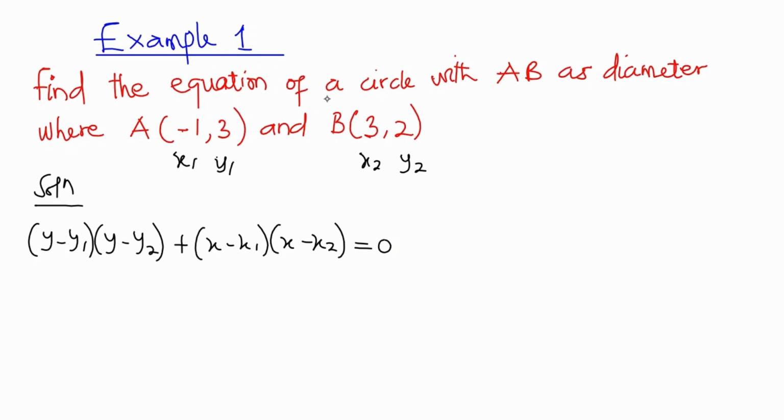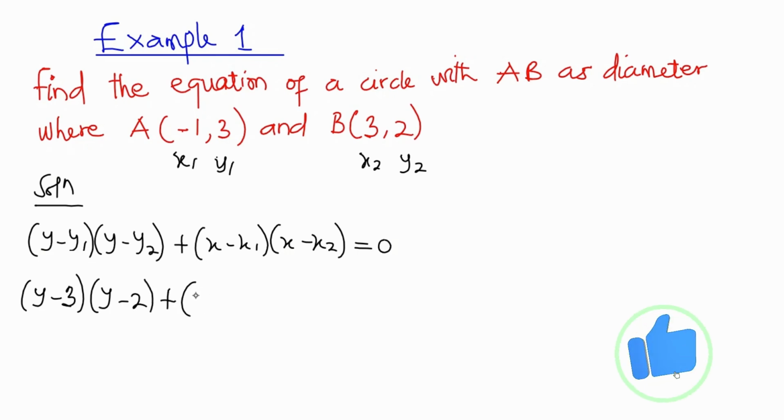So we are just going to do substitution in the formula. y minus y1, which we know to be 3, and y minus y2, which we know to be 2, plus x minus x1, which we know to be -1, and then x minus x2, where x2 is 3.